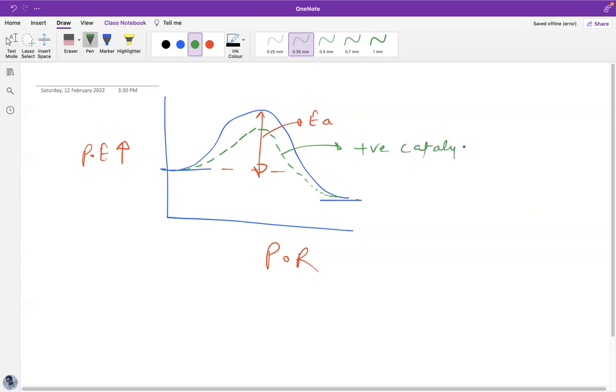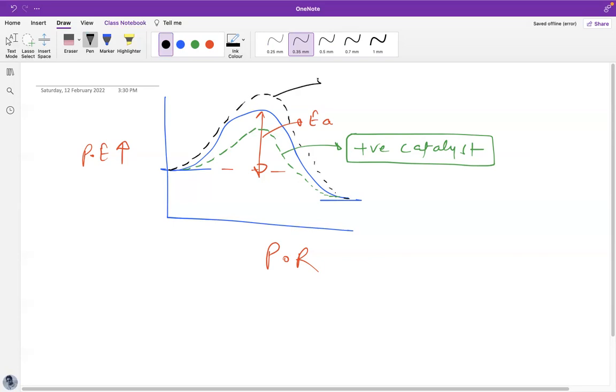And one more thing I want to tell you: if there is no category of positive or negative in the question, always take a positive catalyst, always. So whenever the term is catalyst, it means positive. Now the second is, if you have a negative catalyst, it will slow the rate of reaction by increasing activation energy. So this is the activation energy a bit up, with a negative catalyst.